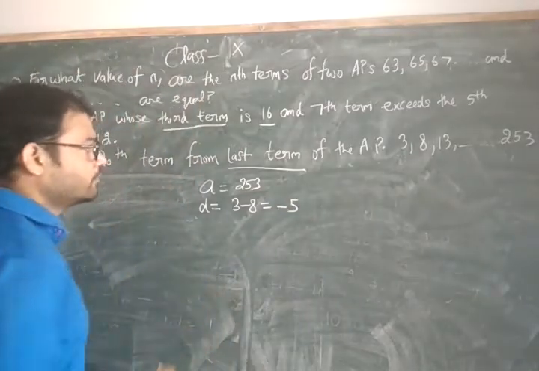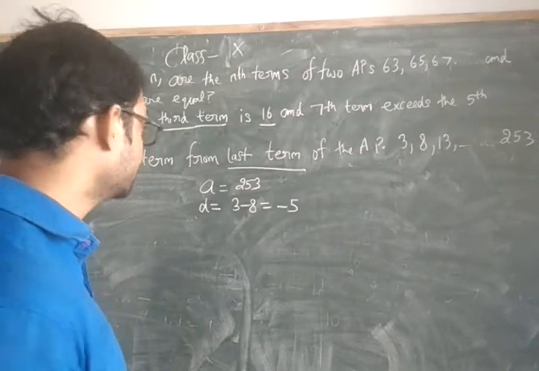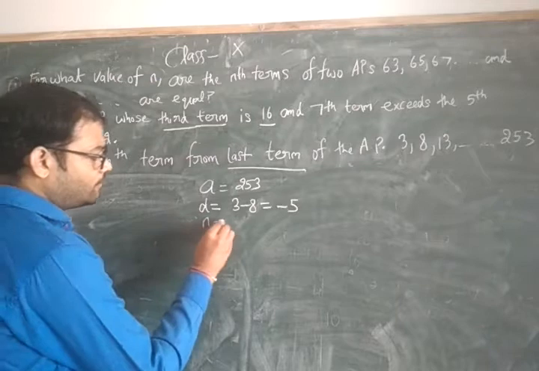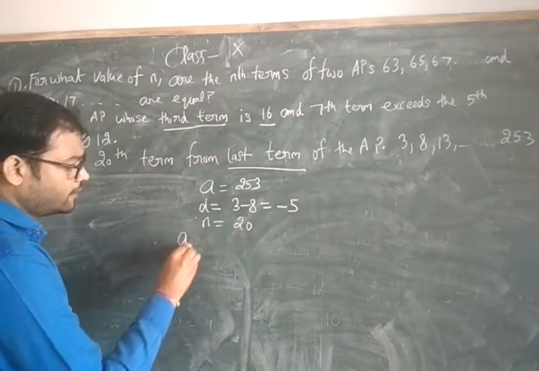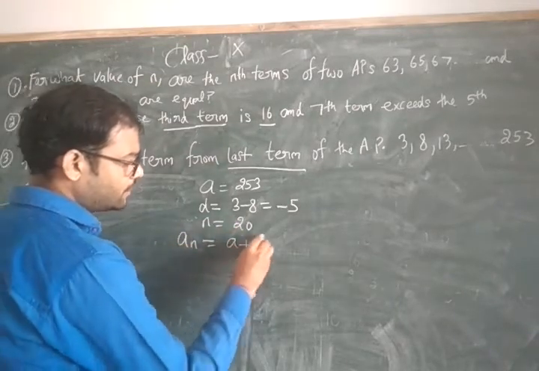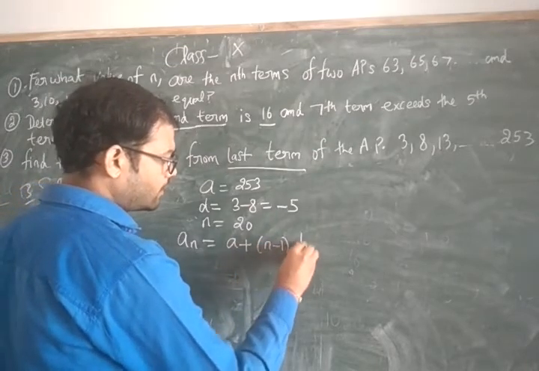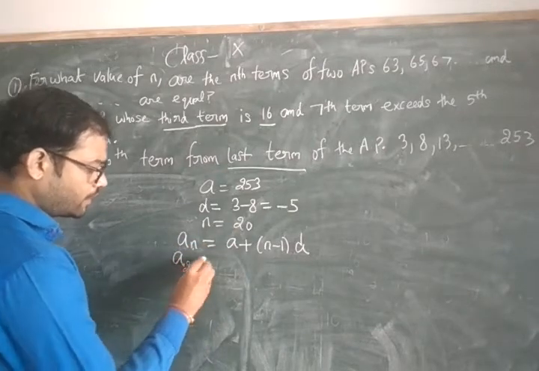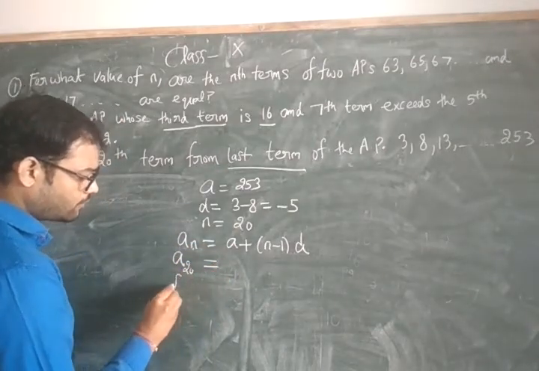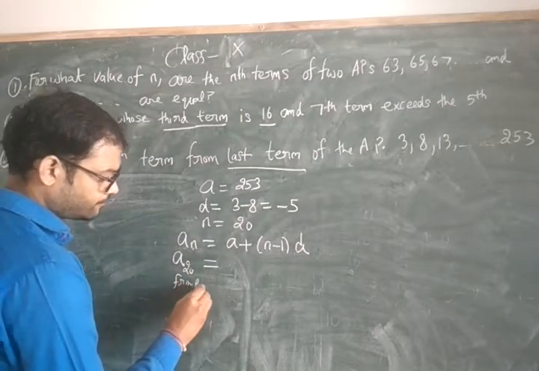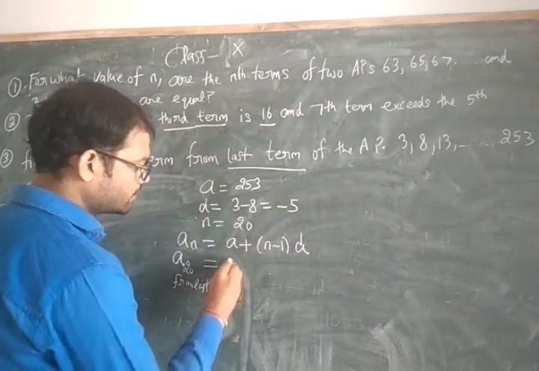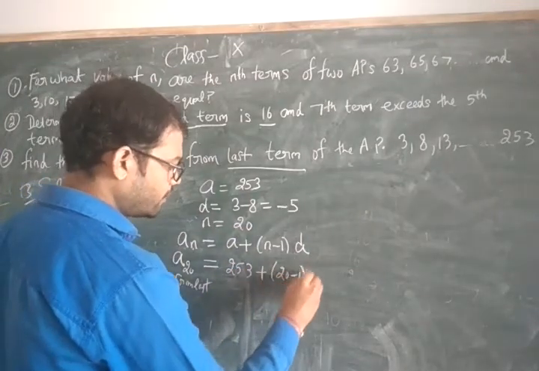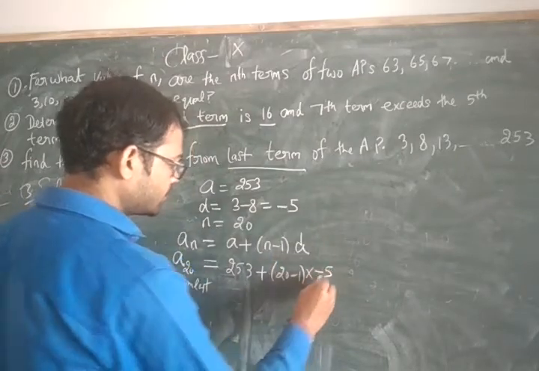And after that we are going to find the 20th term from the last. So n will be 20. Apply an is equal to a plus n minus 1 times d. Now the n value is 20 from last, that is 20th from last. The value of A is 253 plus n is 20 minus 1 into D, which is minus 5.